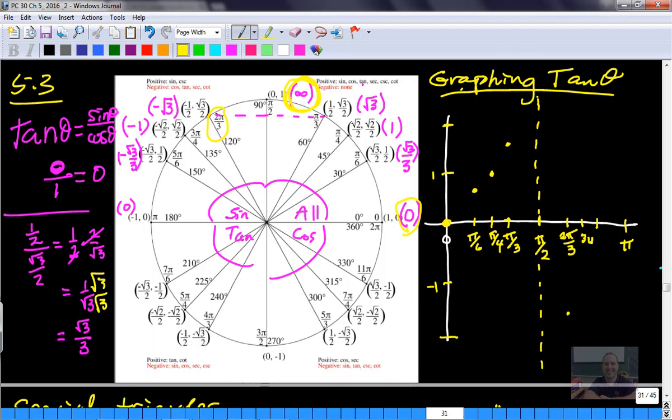This one is 3 pi over 4, that's this one right here, and that's a negative 1. And 5 pi over 6 is this one right here. We look at our unit circle, and that's negative root 3 over 3, which is the same value as this 0.577, except in the negative. So we put that down here. And then tan of pi is 0.